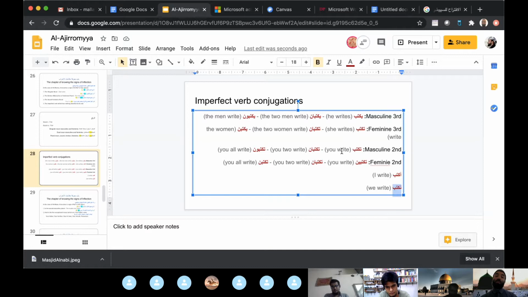Actually, this is one of the first things that you have to memorize when you learn Arabic. So I apologize, I will go ahead and put the diacritical marks, inshallah, after the class. And for next week, I would like everyone to have memorized these conjugations, inshallah.